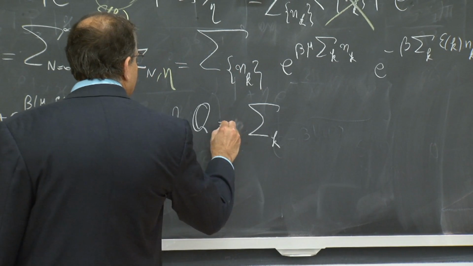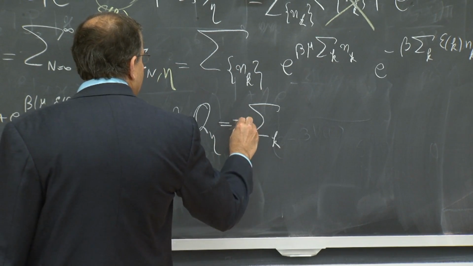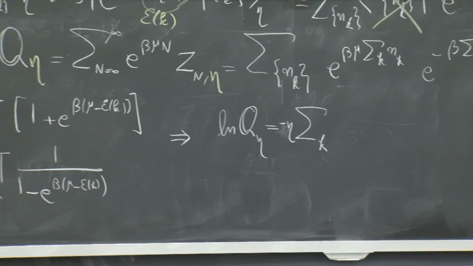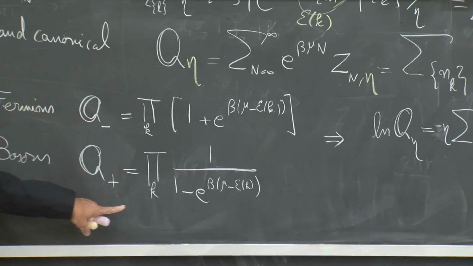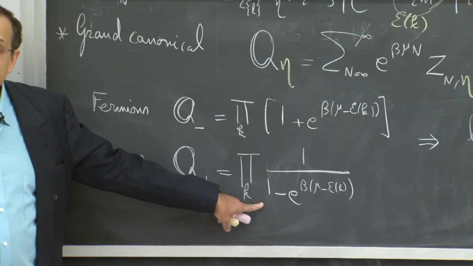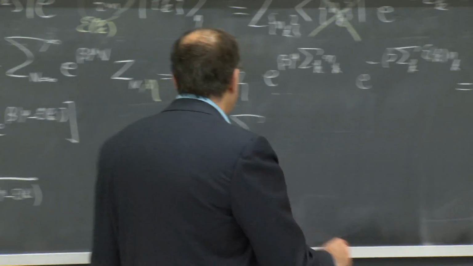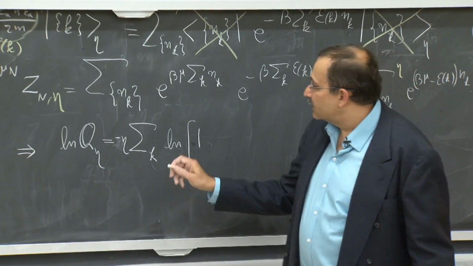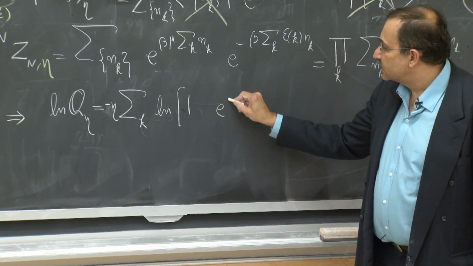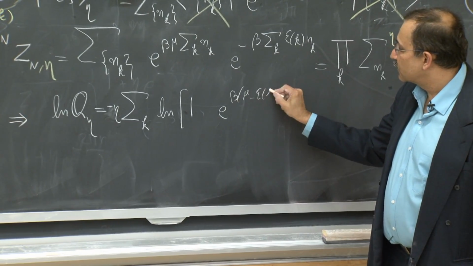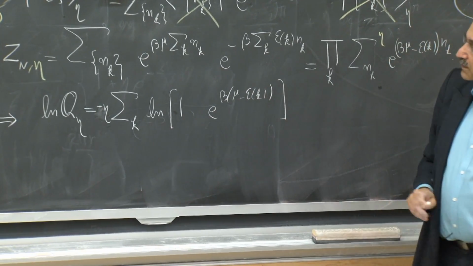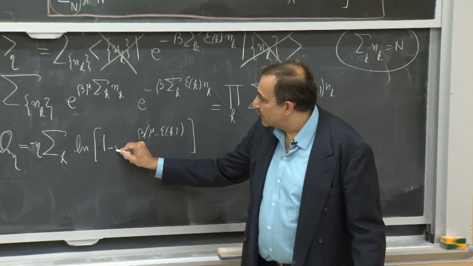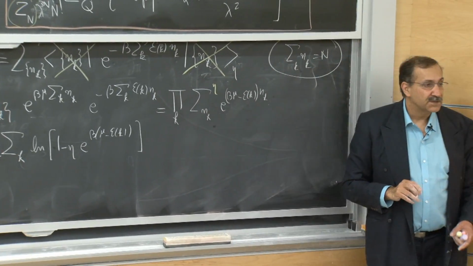I can combine the two results together by putting a factor of minus eta, because in taking the log over here for the bosons, I would pick a factor of minus 1 because the thing is in the denominator. And then I would write the log of 1. And then I have in both cases a factor which is e to the beta mu minus epsilon of k, but occurring with different signs for the bosons and fermions, which again I can combine into a single expression by putting a minus eta here.